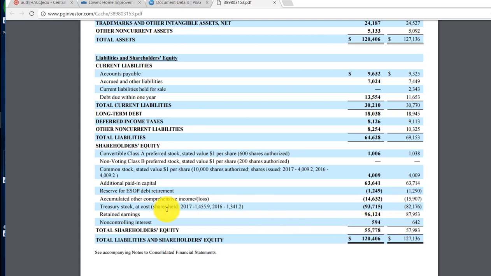Now let's look down at this non-controlling interest. We talked about the non-controlling interest as it relates to the income statement because the company adds all the revenues, all the expenses from a subsidiary that they own more than 50% but less than 100%.